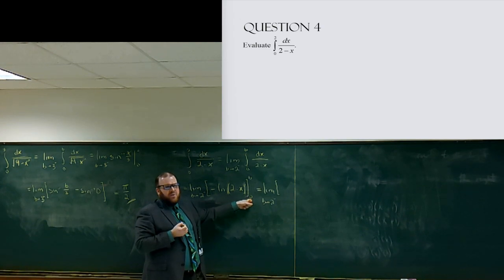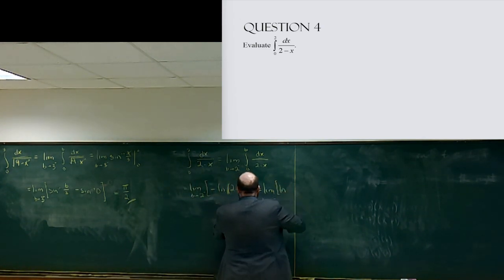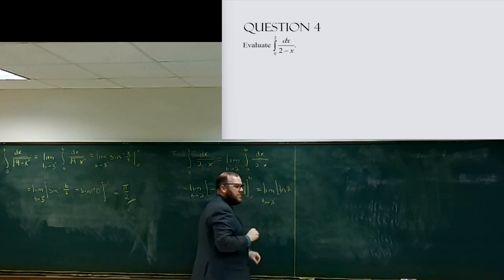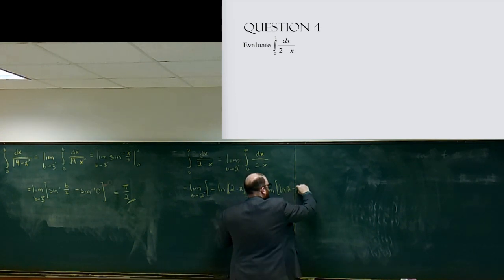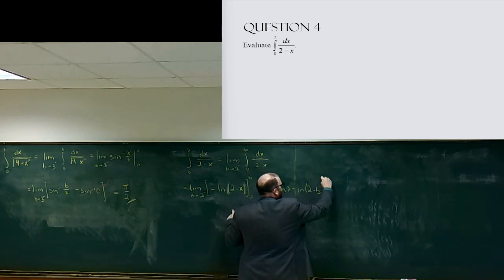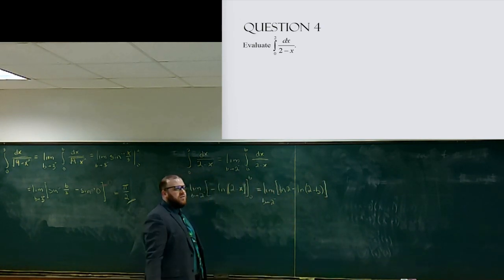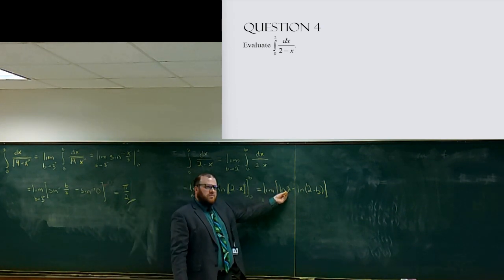So I'm just going to do 0 first, and say that's what? Natural log of 2, then minus natural log of 2 minus b. This is a constant.